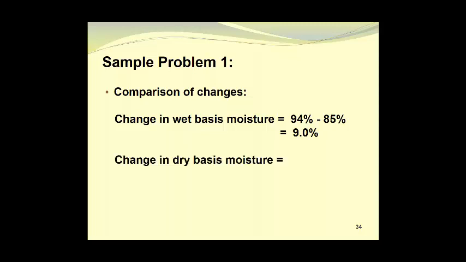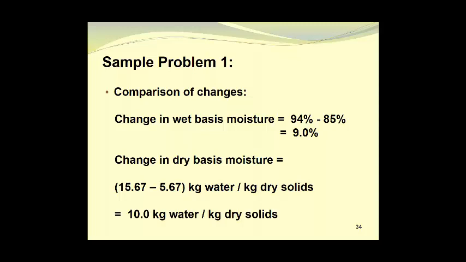The change in the dry basis moisture is equal to 15.67 kilograms of water per kilogram of dry solids at the start, minus 5.67 kilograms of water per kilogram of dry solids after the drying has taken place, and this works out to 10.0 kilograms of water being removed from each kilogram of dry solids.